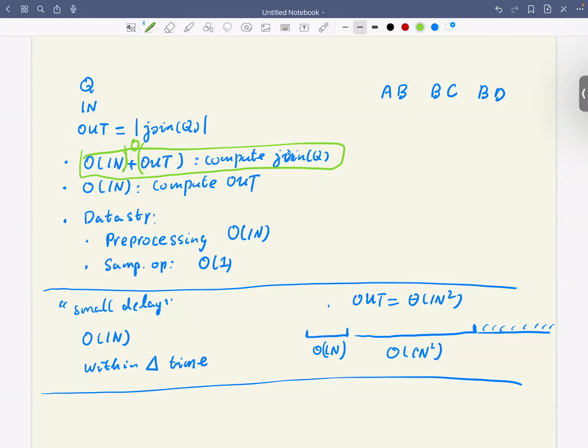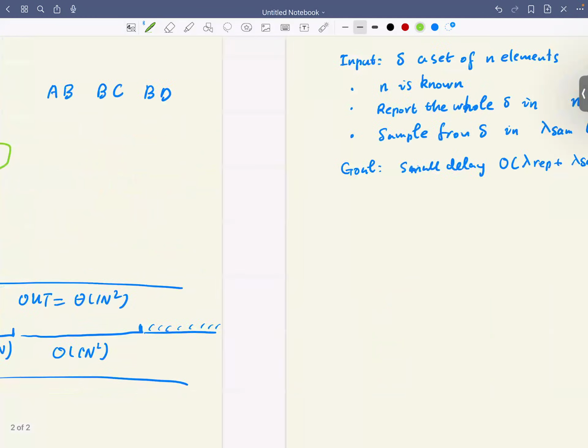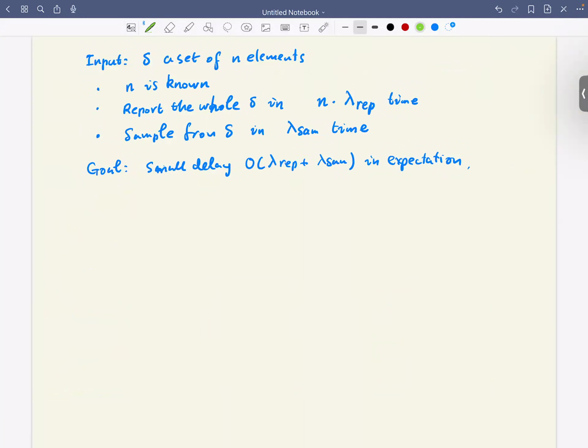All right, good. So coming back here, in order to satisfy the second bullet, yes, you still need a grace period. The grace period is this bottom up and top down phases performed by the Yannakakis algorithm. So after linear time, you are able to report everything in out time.